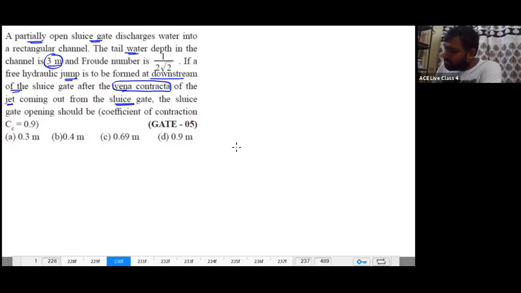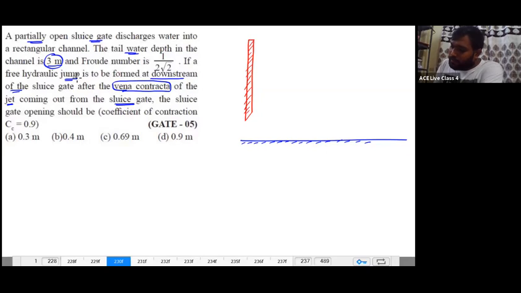See, they are asking, if this is a channel bed, keep that in your mind. Now, a partially opened sluice gate. Okay. Now, what happens is a hydraulic jump is formed downstream of the sluice gate after the vena contracta.